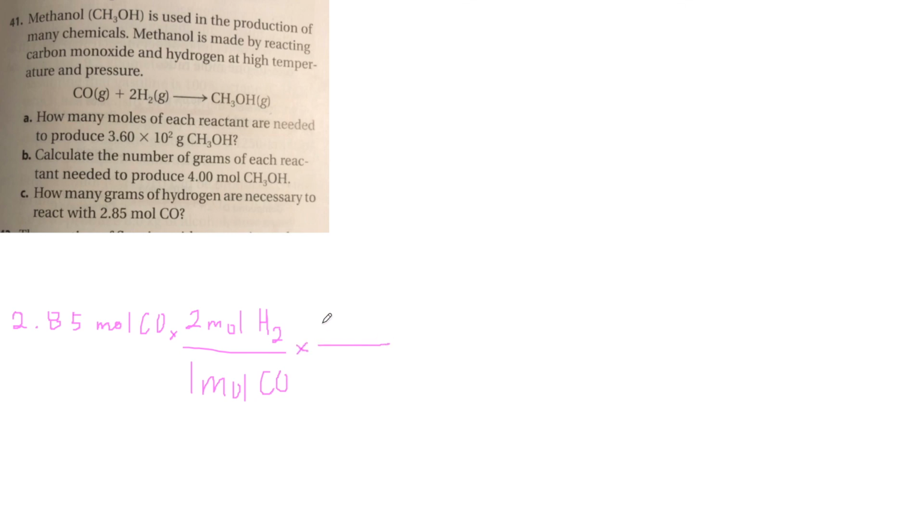Then we multiply that by the molar mass of hydrogen, which is 2.02 grams over 1 mole. Then we continue on by multiplying it to get 11.5 grams of hydrogen.